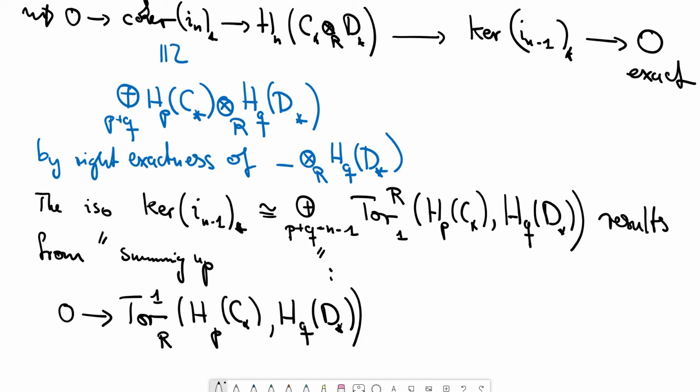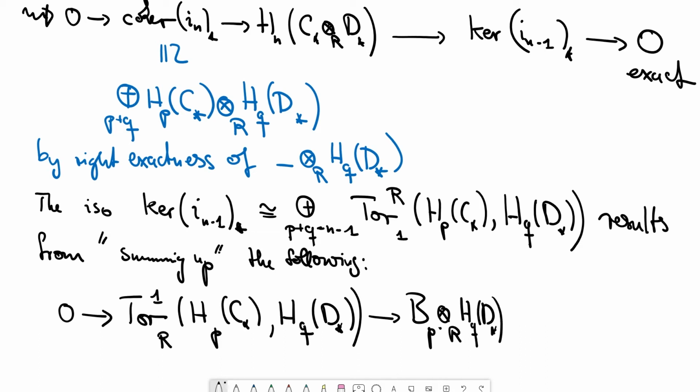It's actually more elementary what we apply. Let me just say from summing up the following, and then let me write it and then think about it. But it's actually more elementary. So here we have the boundaries tensor HQ D star, and the inclusion of the boundaries into the cycles.